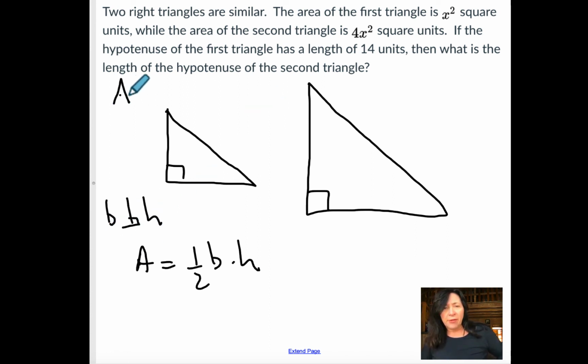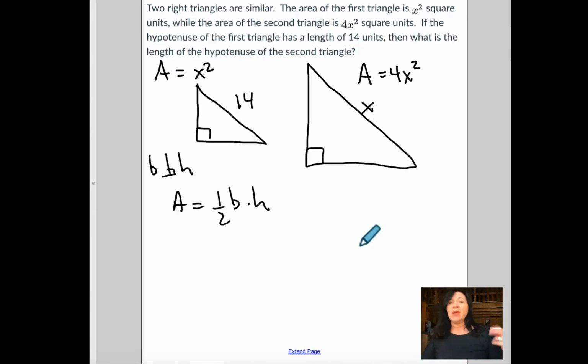The area of the first shape is x squared, and the area of the second shape is 4x squared. If the hypotenuse of the first triangle has a length of 14, then what is the length of the hypotenuse of the second triangle? This is a great question.